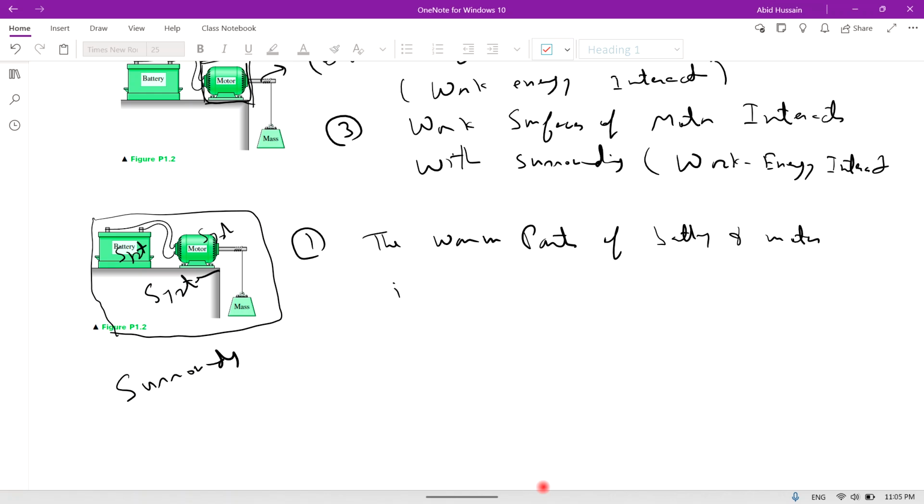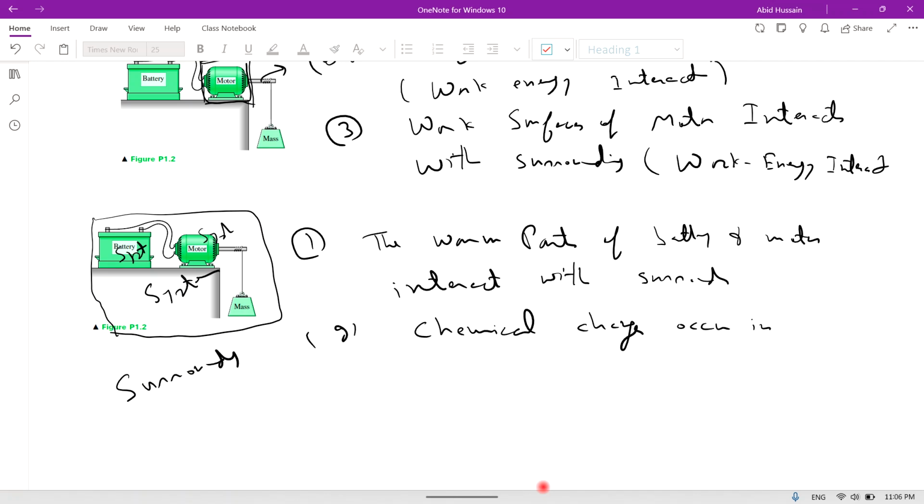The battery and motor interact with the surroundings. Similarly, chemical changes occur in the battery.